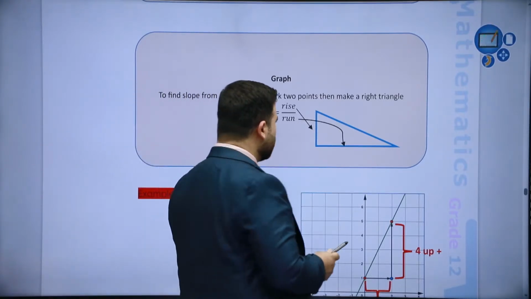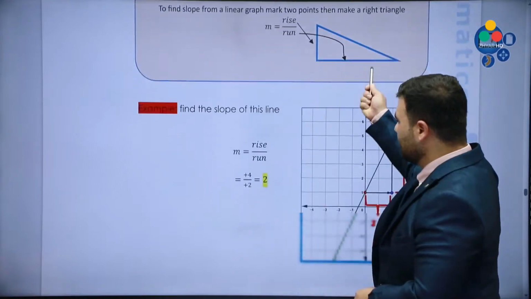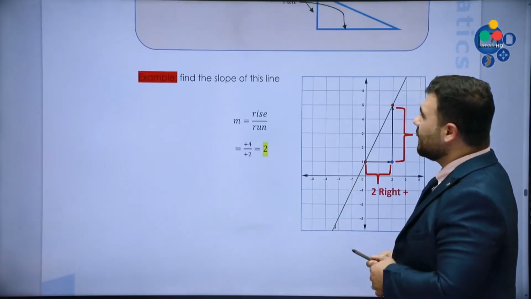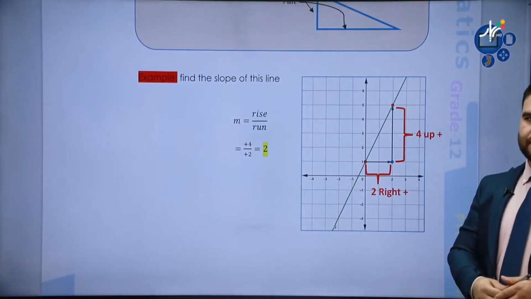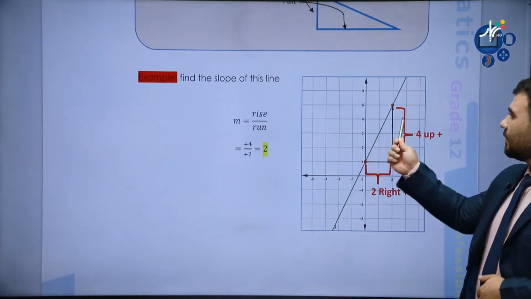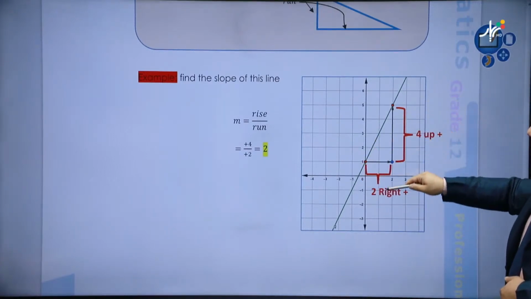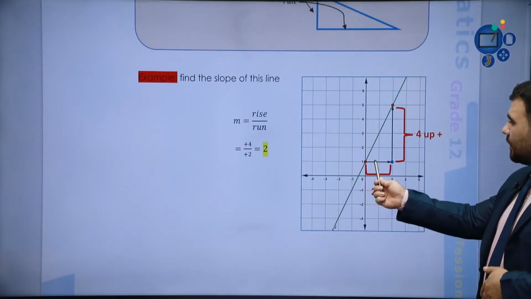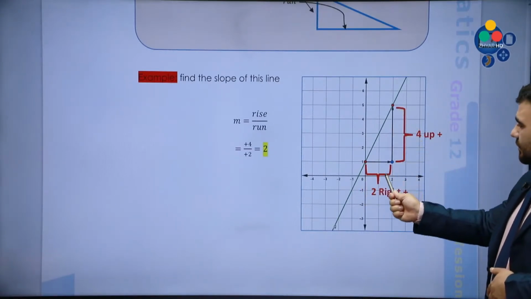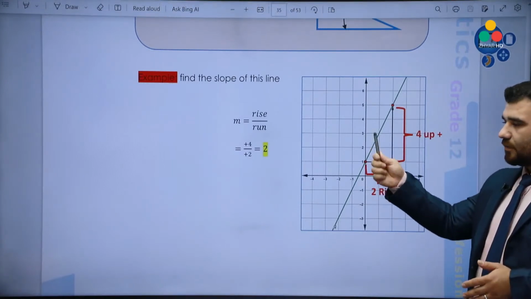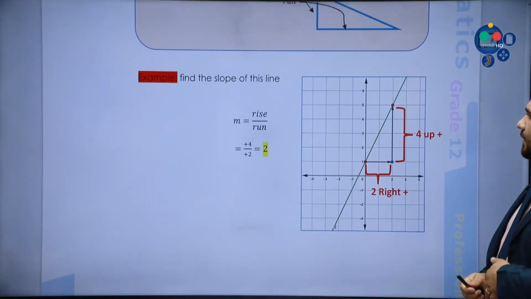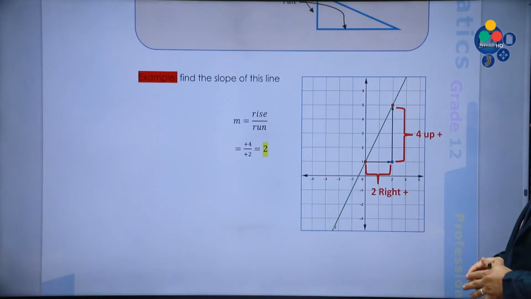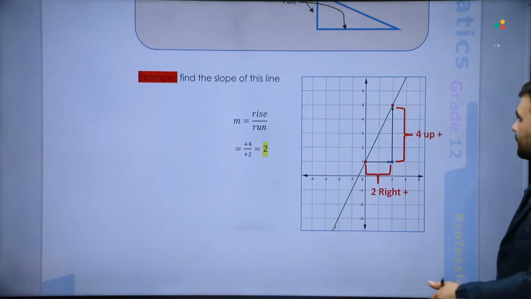Now, let's see this. Find the slope of this line. Rise over run. So, rise is 4 units, run is 2 units, 4 over 2, that's 2. Another way of finding slope on graph is as follows.